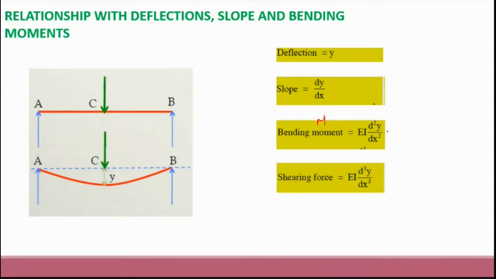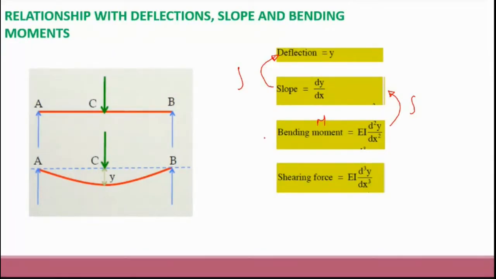If I integrate this, I will get EI dy by dx, which is your slope. When I integrate this again, we will get y, which is your deflection. So we can identify deflection by using this procedure.